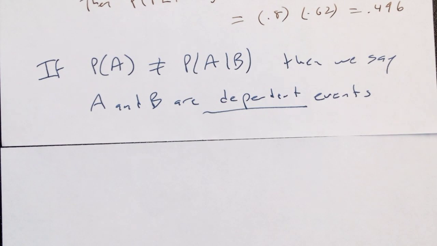But what if it doesn't change my probability? What if knowing this extra information didn't tell you anything?